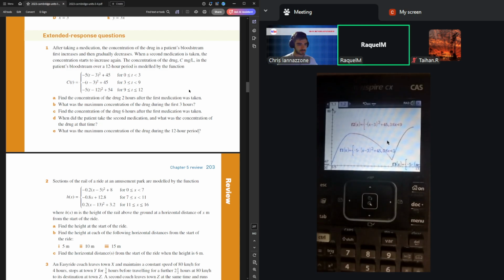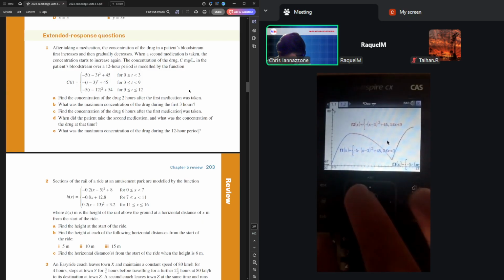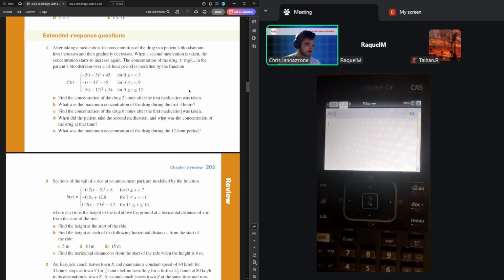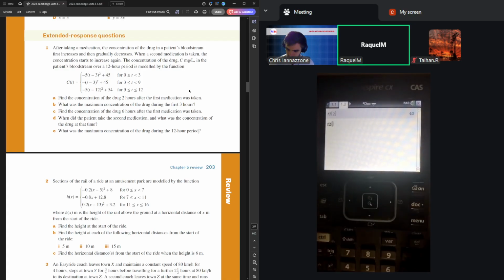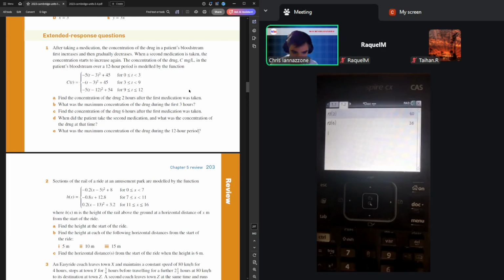Because it has a t value of 6, you would substitute it into the second equation if you weren't going to do this on your calculator. So you would have 6 minus 3, which is 3, squared. So you would have negative 9 plus 45, giving a y value of 36, meaning 36 milligrams per litre.